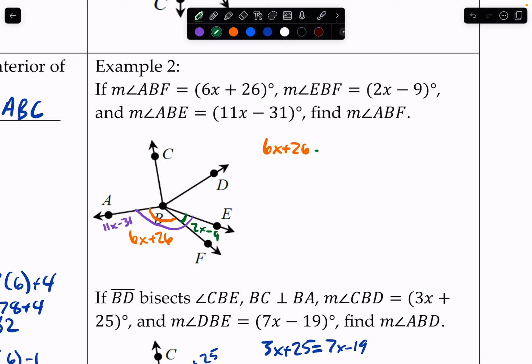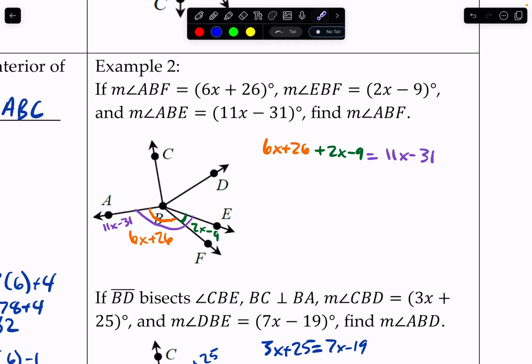We can add those two together and they are going to equal the larger angle that includes both of them. ABE includes 6x plus 26 and 2x minus 9. So those are going to add together to equal 11x minus 31.